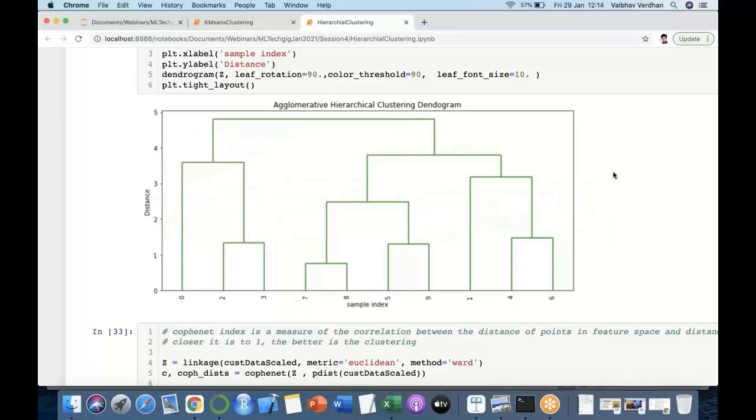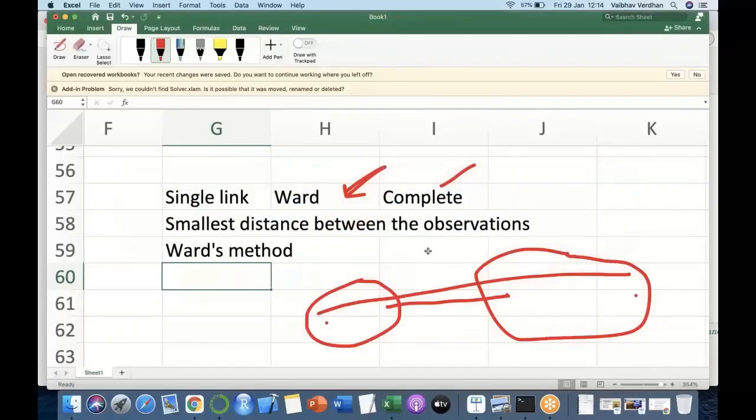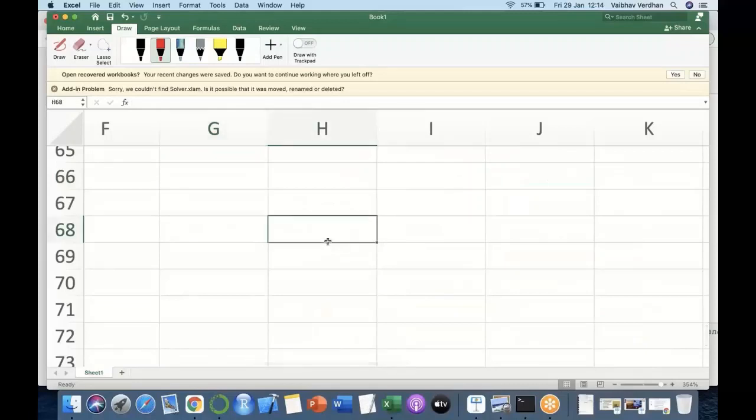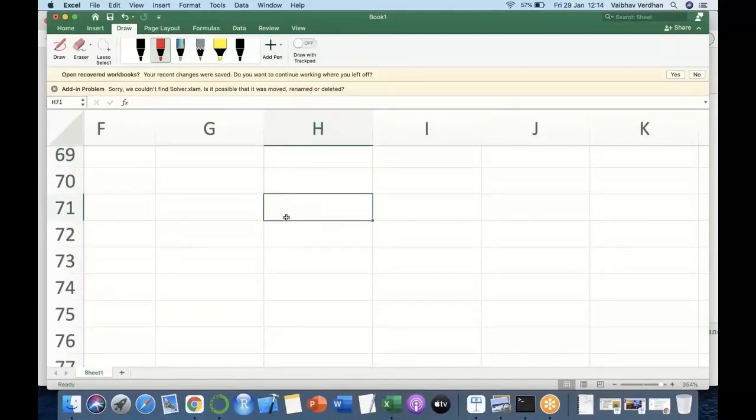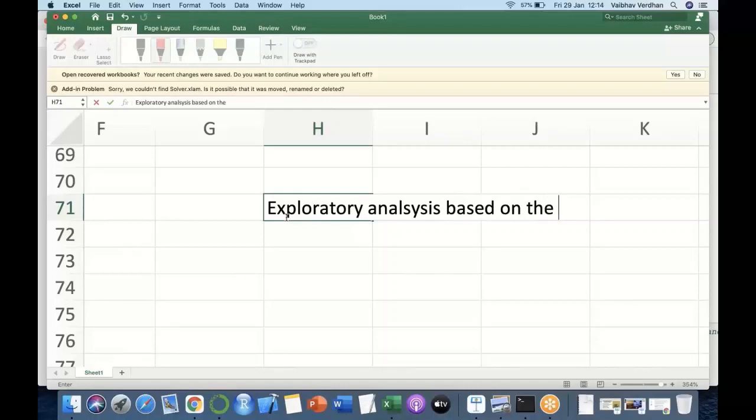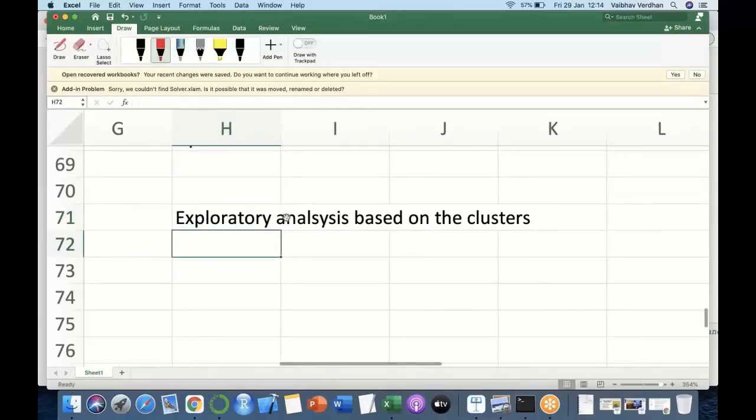So you would create your clusters, let's say using k-means or using hierarchical clustering, you will get the most optimal number of clusters, and then you would assign to each and every observation a cluster value, and then you would do the EDA, exploratory analysis of your dataset based on the clusters, right?